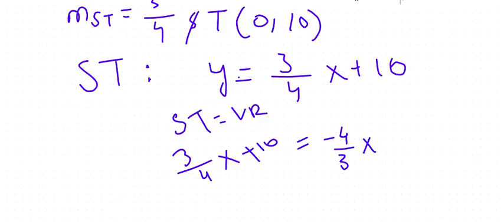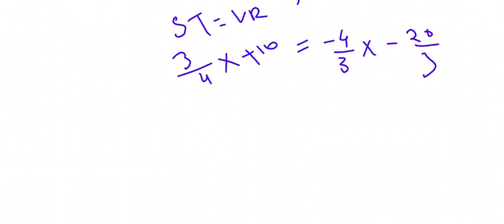So we have to simplify the equation and get the value. I'm going to clear the fractions by multiplying the entire equation by the LCD. The LCD is 12, because we have 3 and 4.